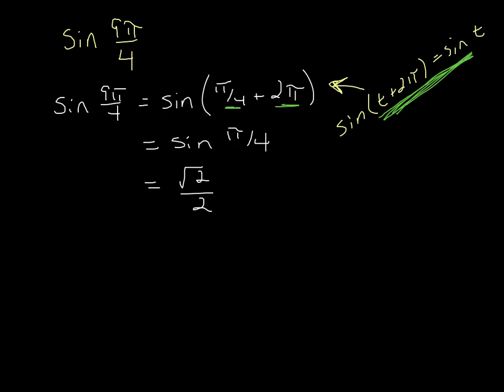This angle is going to be right back in the first quadrant, in the same location as pi over 4. And the sine of pi over 4 is square root of 2 divided by 2. So I know that the sine of 9 pi over 4 is equal to square root of 2 divided by 2, because the values are going to keep repeating themselves every 2 pi.